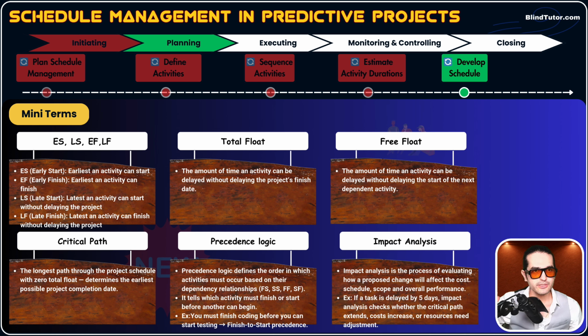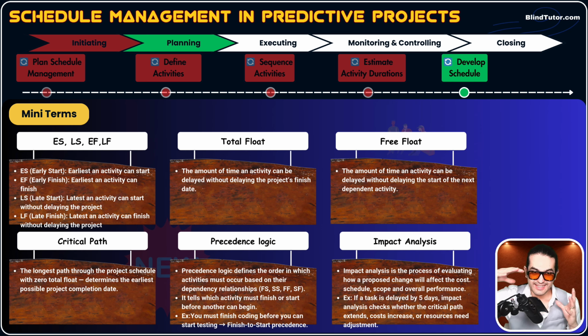This is another general term that we're going to use in every part of the project, not just schedule. Impact analysis is the process of evaluating how a proposed change will affect the cost, schedule, scope, and overall performance of the project. For example, guys, if a task is delayed by 5 days, impact analysis checks whether the critical path extends or costs increase or not, or resources need adjustment or not.